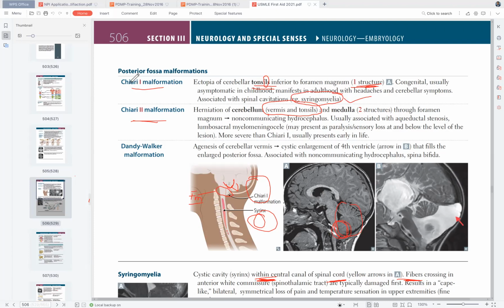But you want to know that Chiari 1 is associated with syringomyelia, which is this over here. There's a syrinx, which is like a canal, a big hole inside the spinal cord. It is because the tonsil is not there, so it puts a lot of pressure on the spinal cord, and so the CSF pressure creates a big hole at the center of the spinal cord, and that hole is just the central canal, which is a normal thing, but just at this time is bigger.